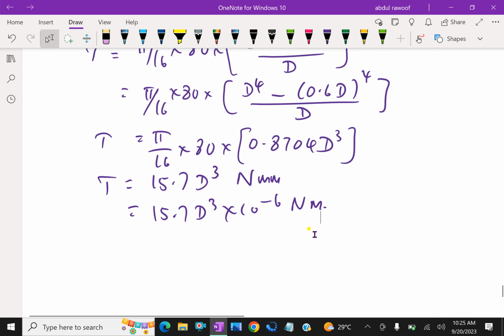This is kilonewton meter, so 15.7 D cube into 10 power minus 6 kilonewton meter.